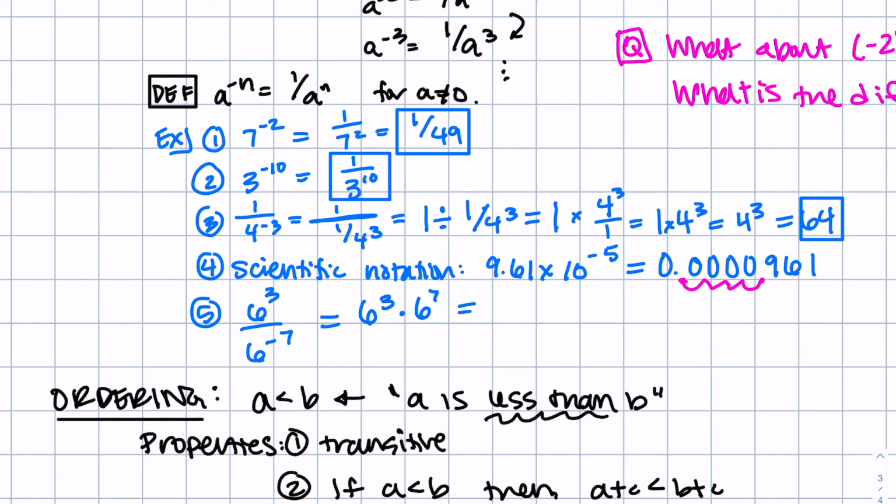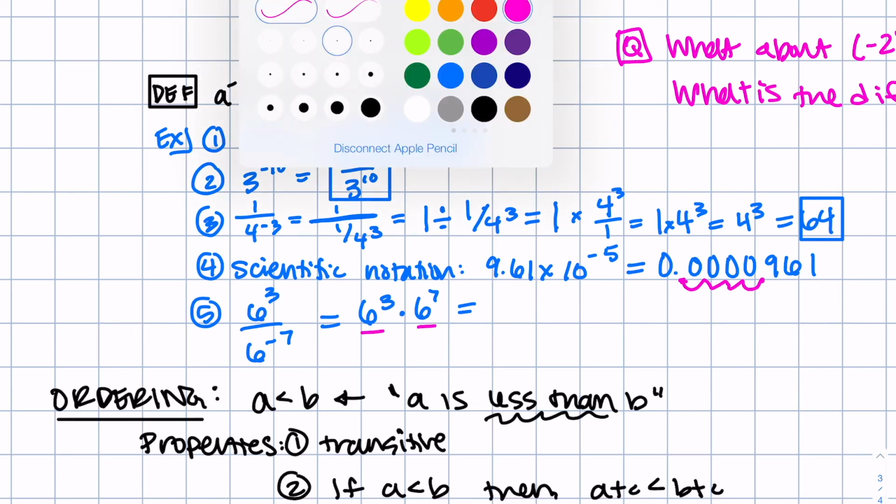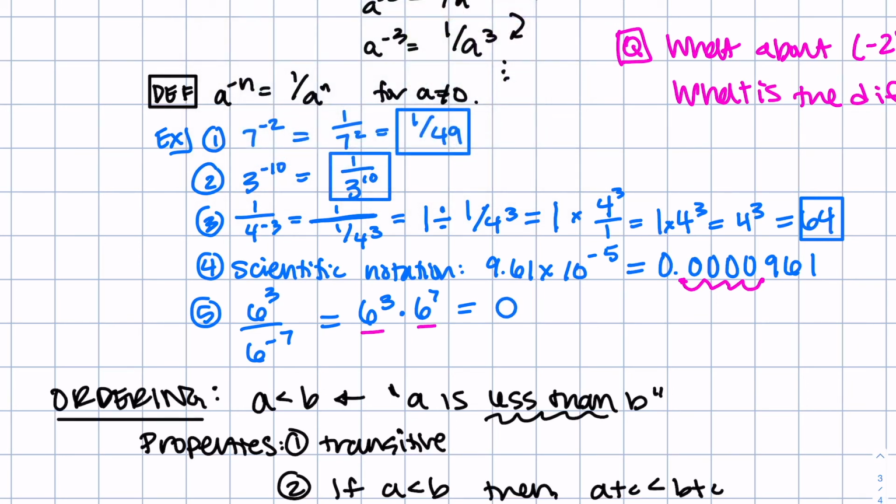Now I have the same base, which is 6. So to combine these exponents, I take the base and I add the exponents to get 10. So this is 6 to the 10th, which of course I could compute, but that seems like not the point.